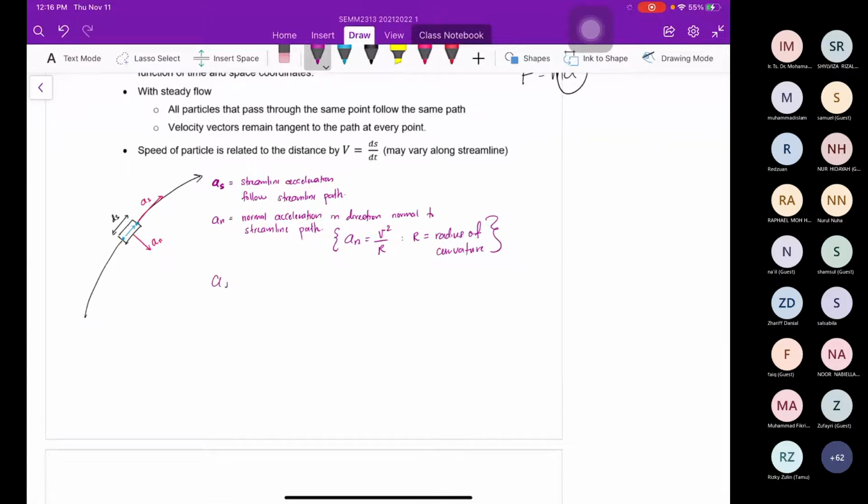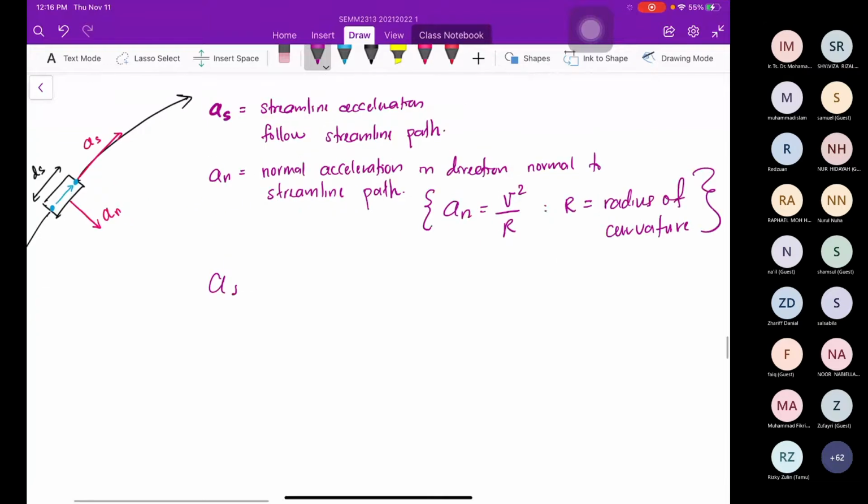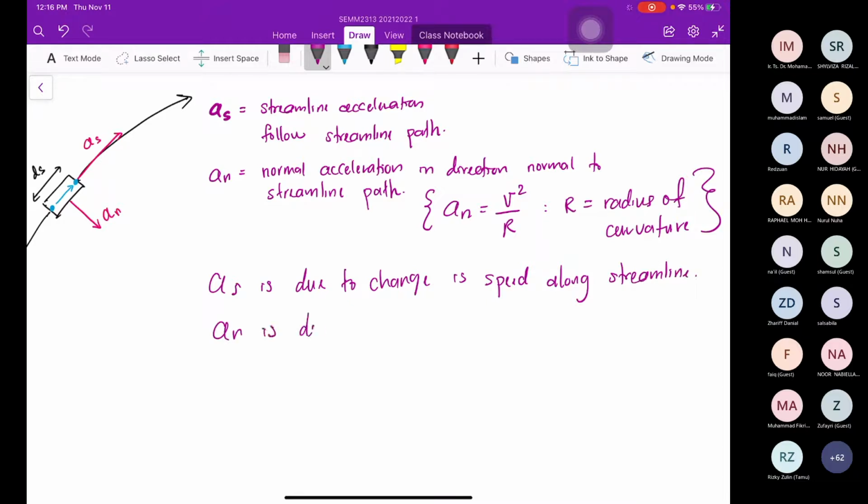AS is due to the change in speed along the streamline. AN is due to the change in position.